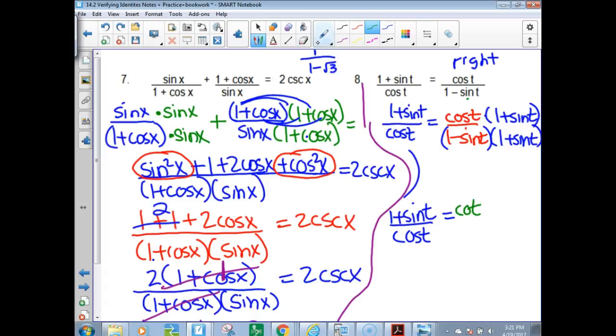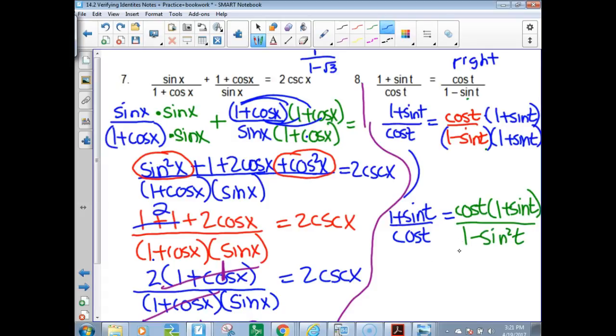Oh, I just wrote cotangent, not a cot. All right, so I'm not going to distribute. I'm going to leave it factored. And then I'm going to FOIL out the denominator because I multiply by conjugates. When I multiply this out, the middle terms drop, and I get 1 minus sine squared.